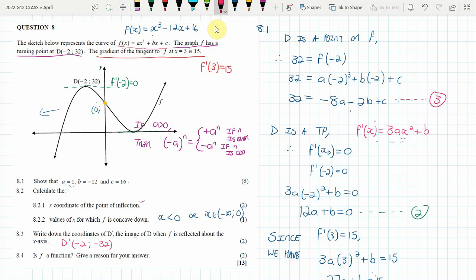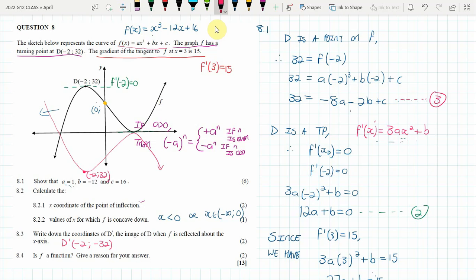So now, if we look at the big picture, if we reflect the point only, the point will be somewhere there, minus 2, 32. But if we look at the entire graph, it will look like this.